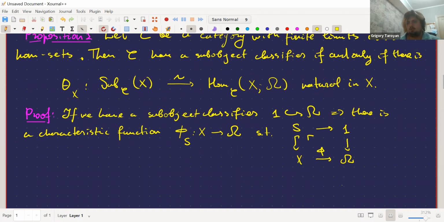So this construction of characteristic function gives us a bijection between classes of equivalence of subobjects and functions. So we have a bijection.